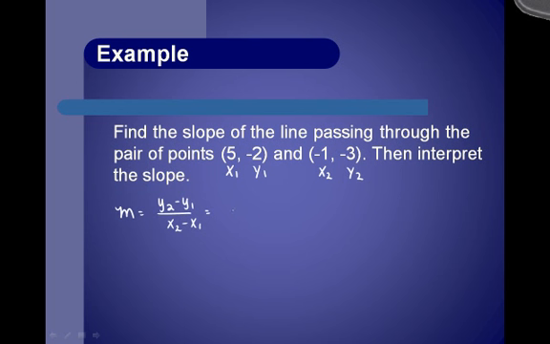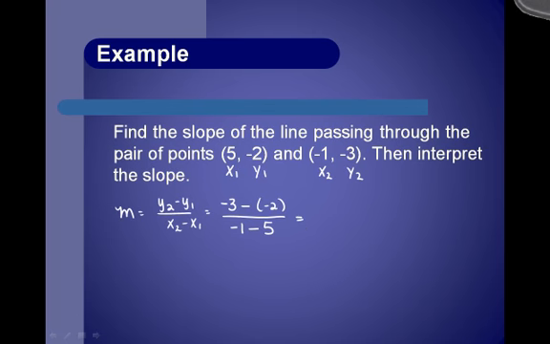So when we plug our values in, the second y value is negative 3 minus the first y value is negative 2 divided by the second x value, which is negative 1, minus the first x value, which is 5.